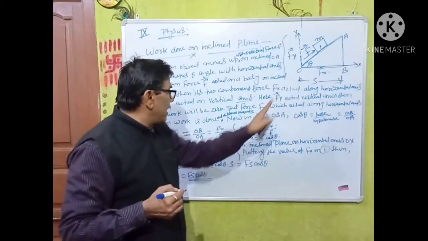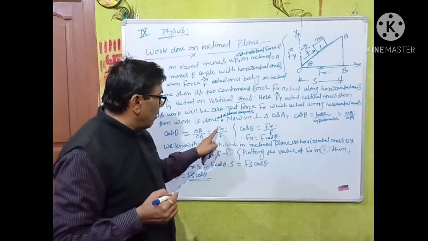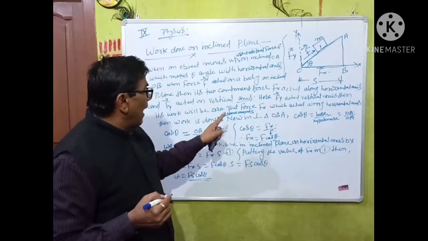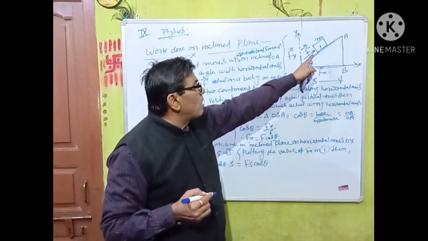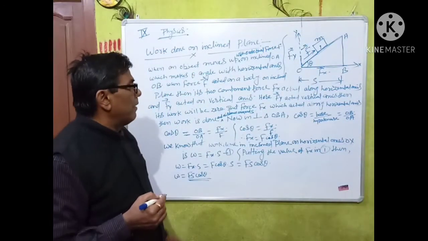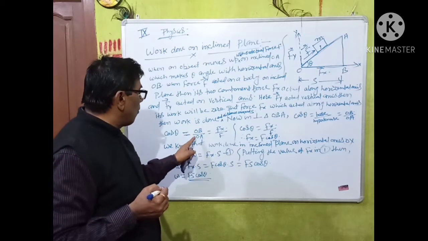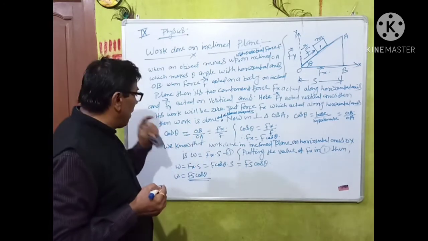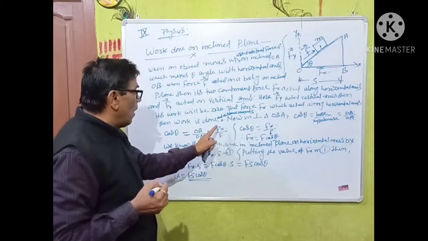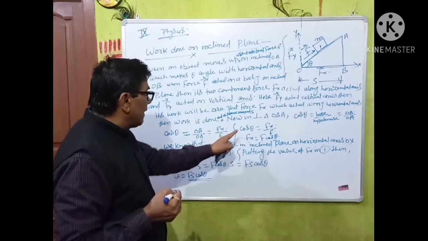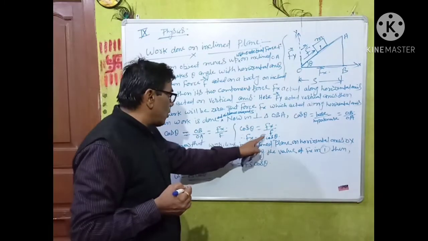OB represents the horizontal component of the force, Fx, and the hypotenuse represents the applied force F, the resultant force. So putting the values of OB and OA, cos theta is equal to Fx by F, then Fx is equal to F cos theta.